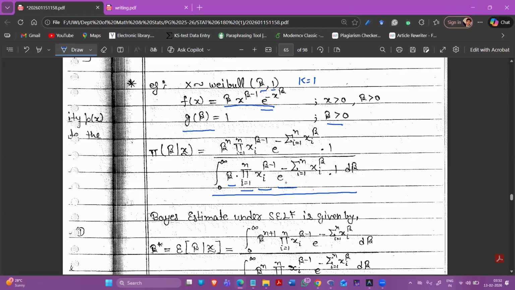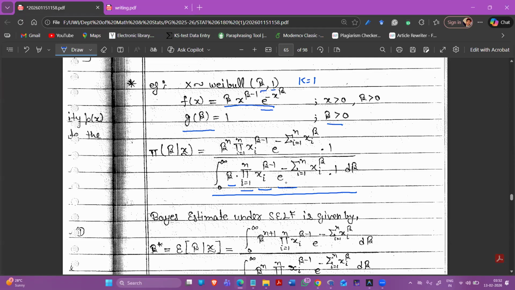Can you solve this integral? Not at all, right? You cannot solve this integral at all. So you need to approximate this right now to find the posterior density function. If you are not going to solve this integral, you cannot find the posterior density function, right?